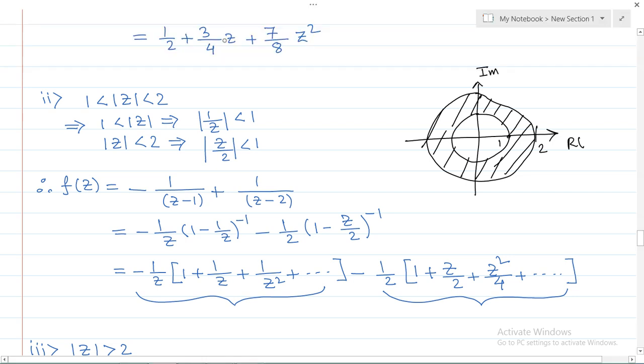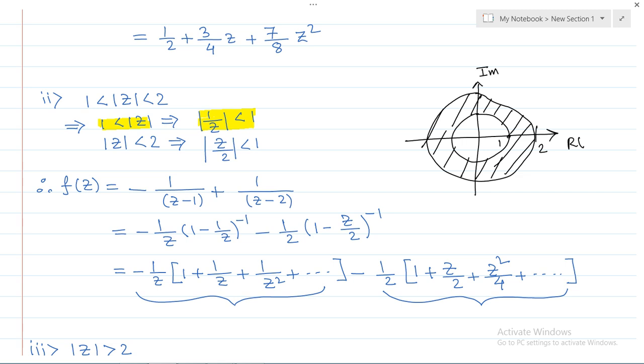If we are thinking about this part, 1 less than modulus of z implies what? 1 by z will be less than 1. Modulus of 1 by z will be less than 1. Why are we doing all these less than 1 things? Because we want to apply the geometric progression series structure, that is the (1 plus x) whole inverse and (1 minus x) whole inverse formulas.